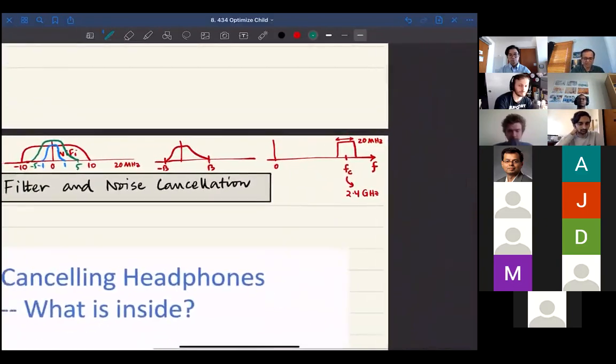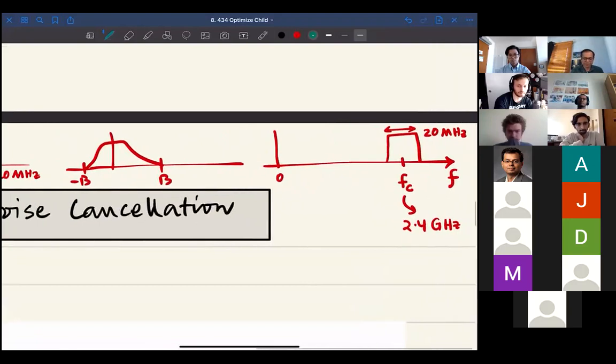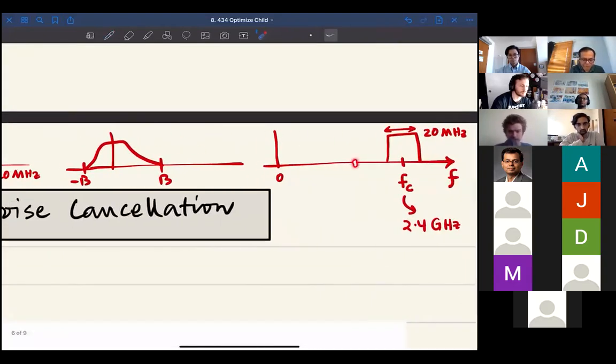So what happens in real life is you shift these bandwidths to higher frequencies. You move Wi-Fi to some other frequency called the center frequency, which is at 2.4 gigahertz, and you have 20 megahertz around that 2.4 gigahertz. Police has 2 megahertz, so they might have a different center frequency somewhere here, and they'll have 2 megahertz.